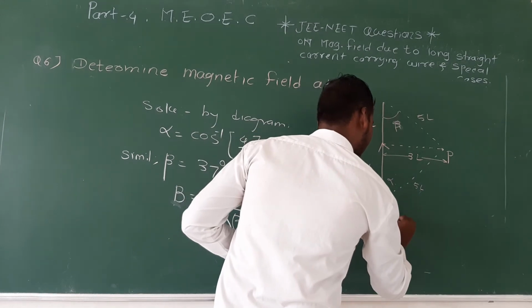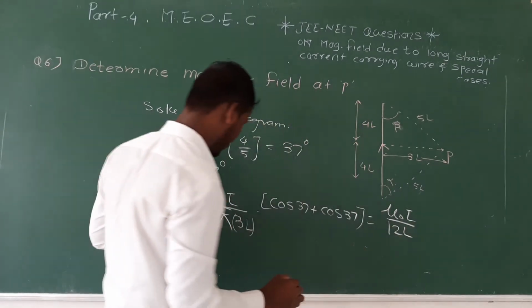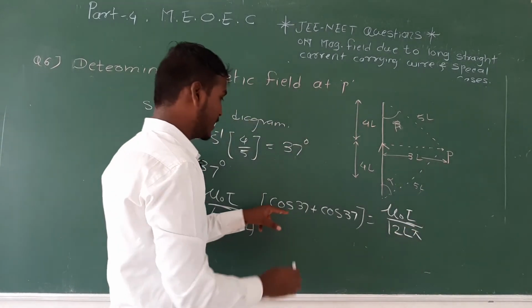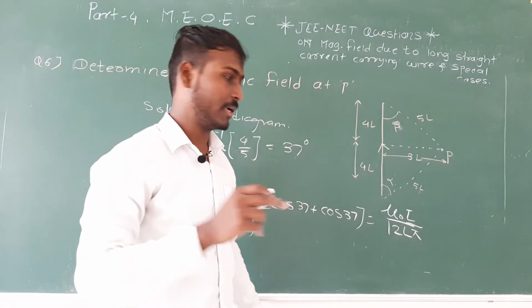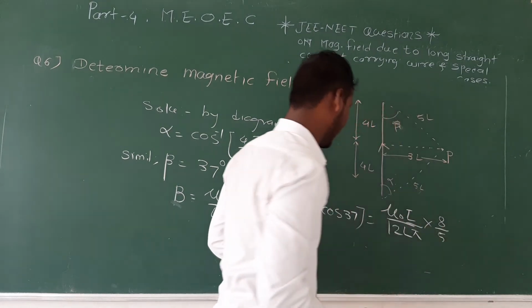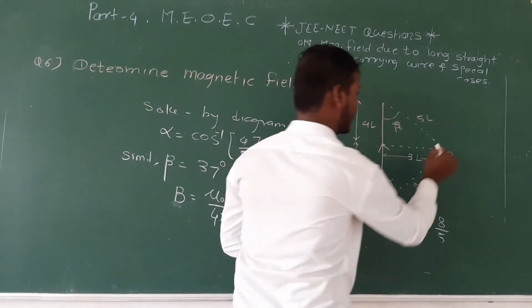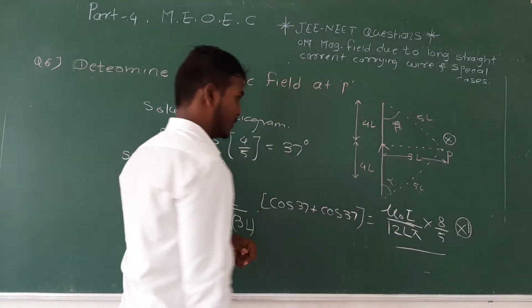So mu 0 I upon 12 pi L, into 4 by 5 plus 4 by 5, which is 2 into 4 by 5, that is 8 by 5. This is the right answer. Now about the direction, see, it is going inside. So this is the direction and this is the magnitude.